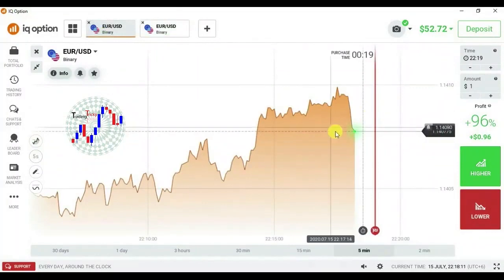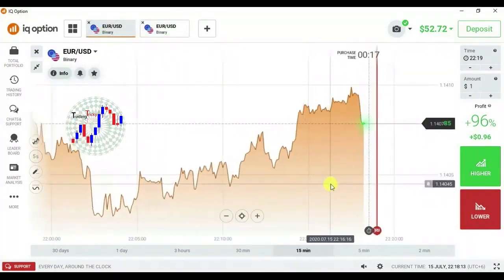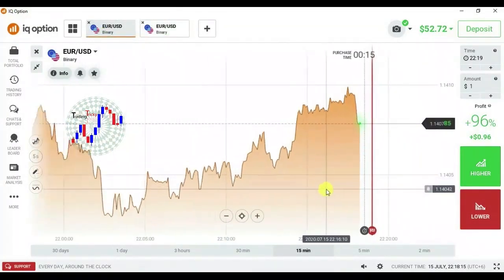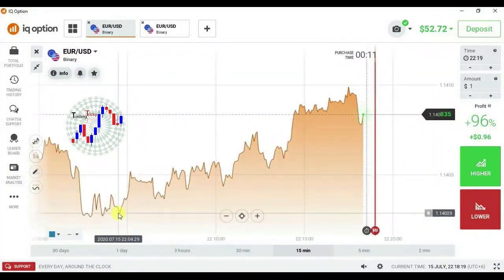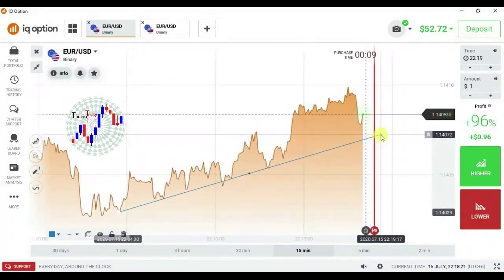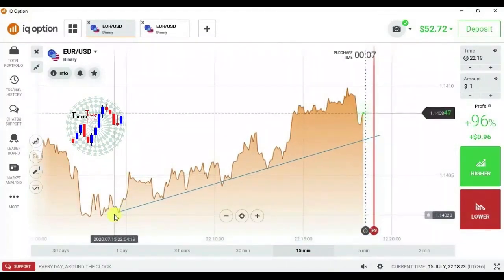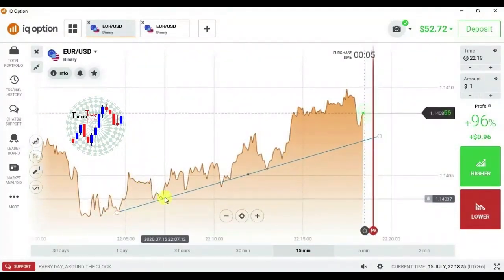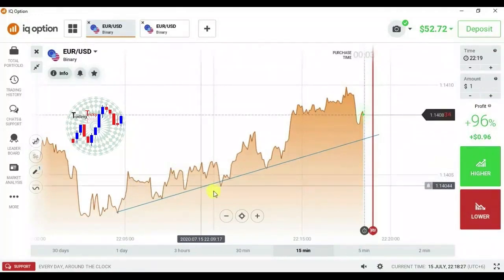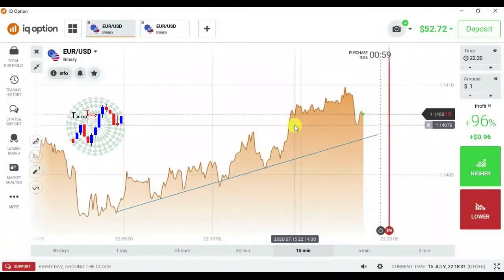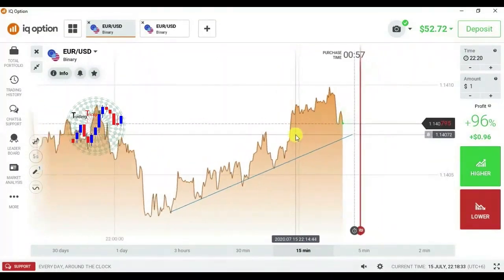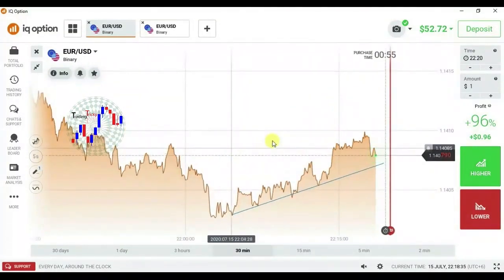By doing this, you can also draw some levels here, like this is a level. Every time it's hitting this level and going up, hit the level, going up again, hit the level, going up. So you don't need to understand the candlesticks too.